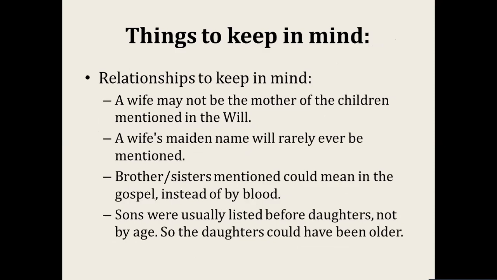In other words, it could be their brother from the church, so to speak, or it could be a brother in arms, which would be a soldier, someone they fought with. Sons were usually listed before daughters, not necessarily by age. So the daughters could have been the eldest, but the males are mentioned first.